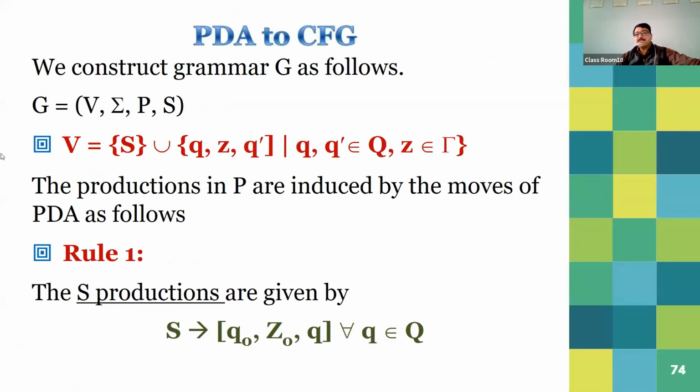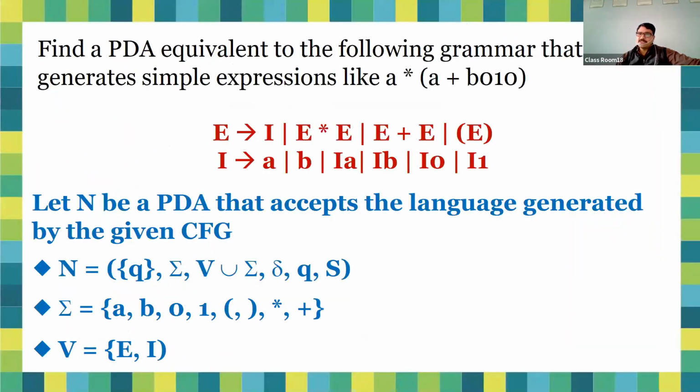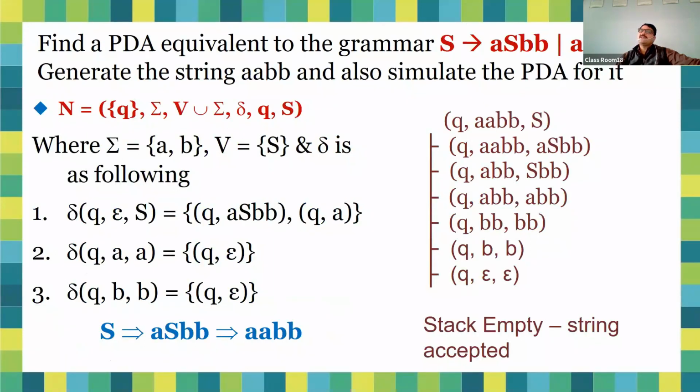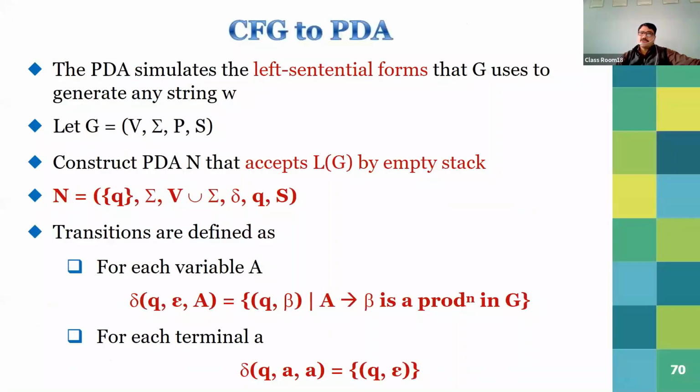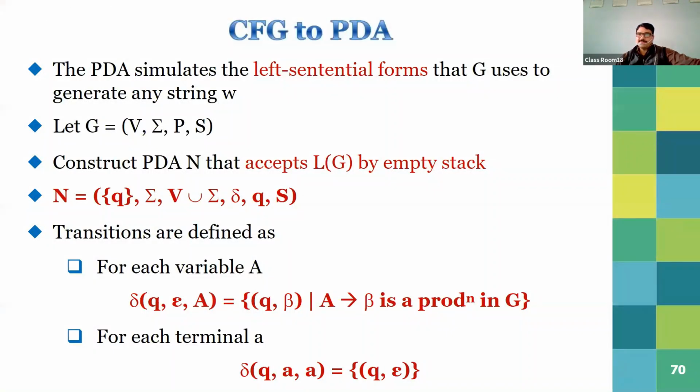And the other part, PDA to context-free grammar, we will discuss later in the next lecture. For today, I think it is more than sufficient. If you feel any confusion, any doubt in context-free grammar to PDA, then please let me know.